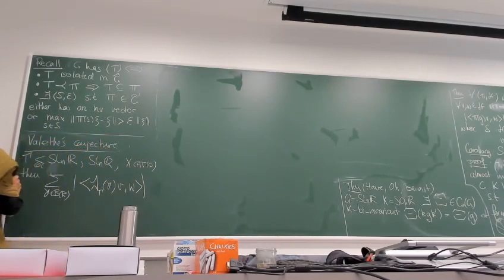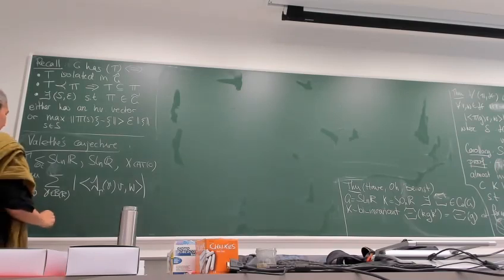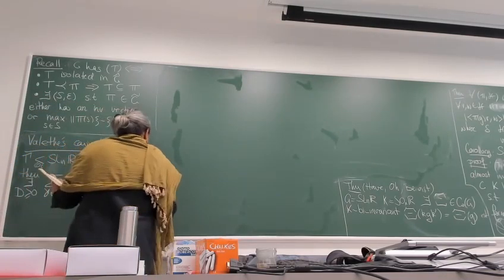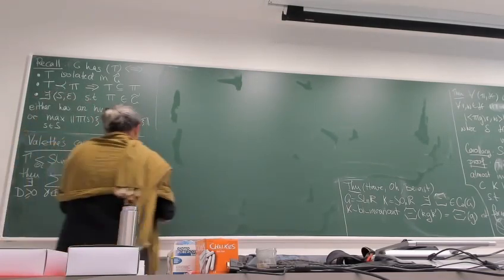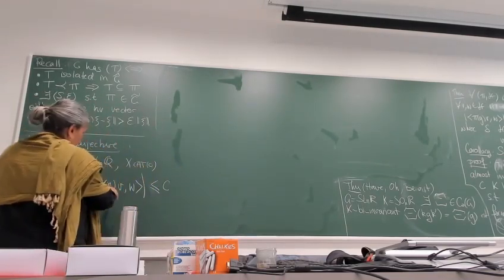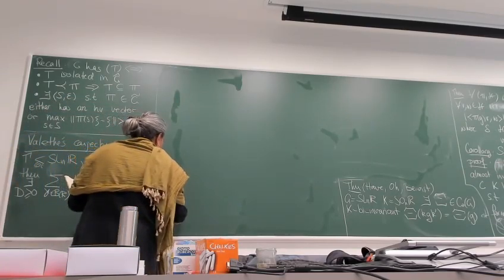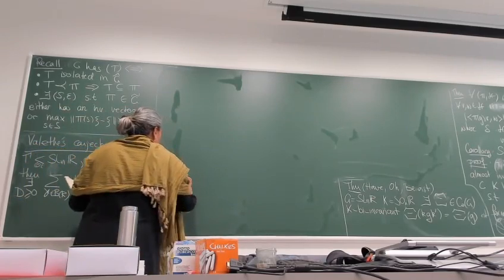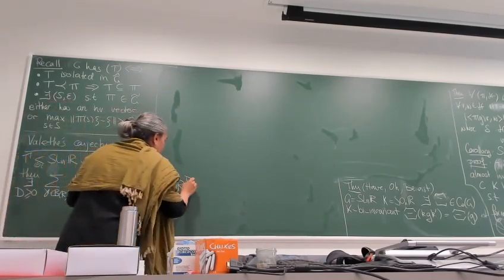Okay, then there exists d greater or equal to 0, so that this is less than or equal to a constant that depends on v and w times R to the power d.